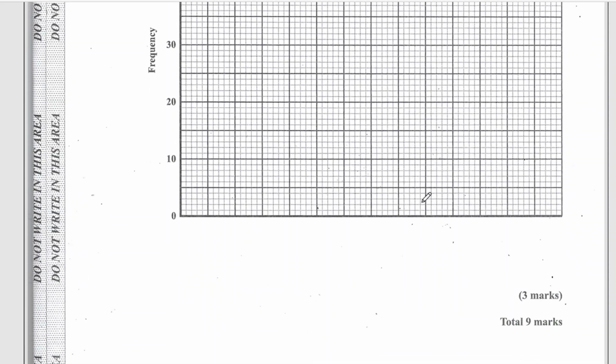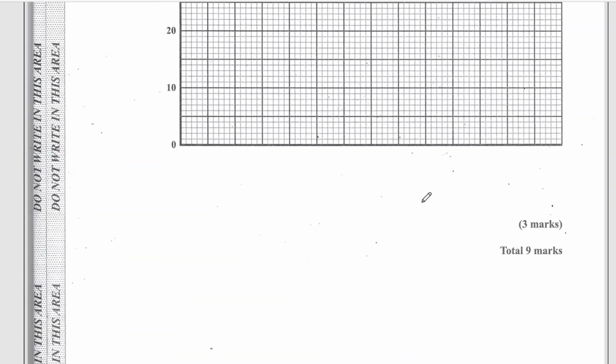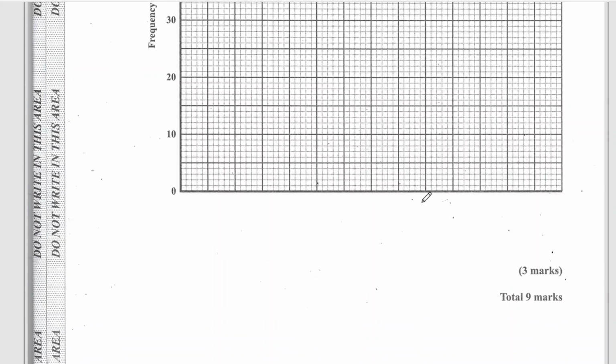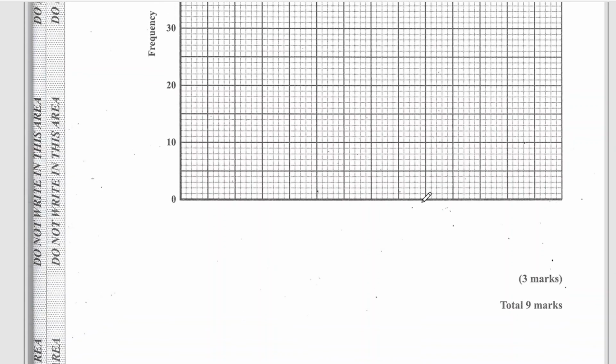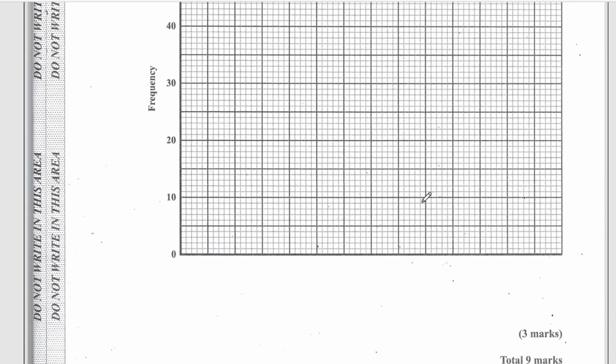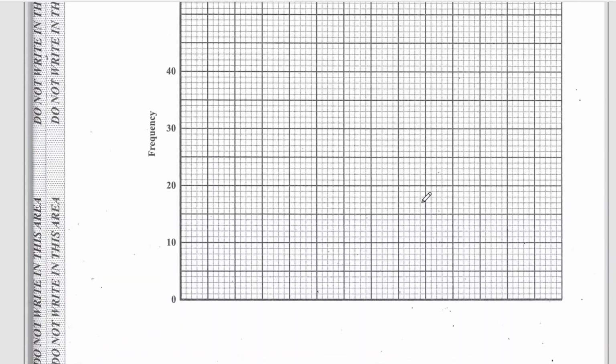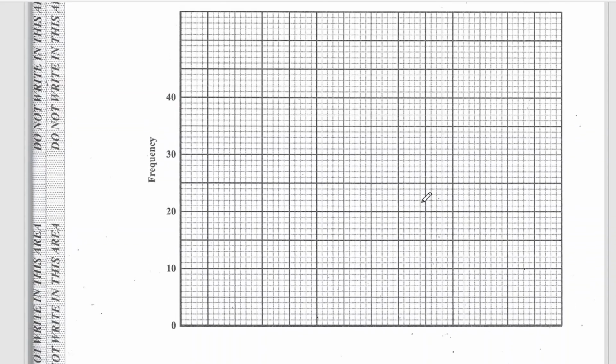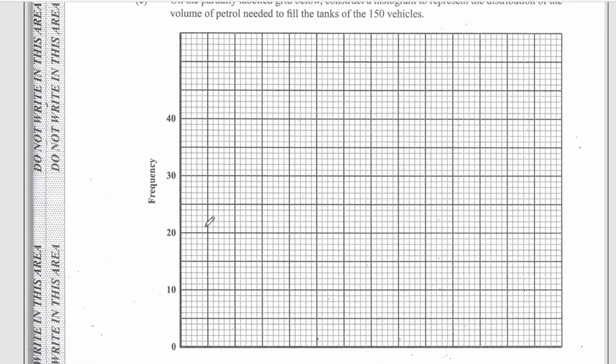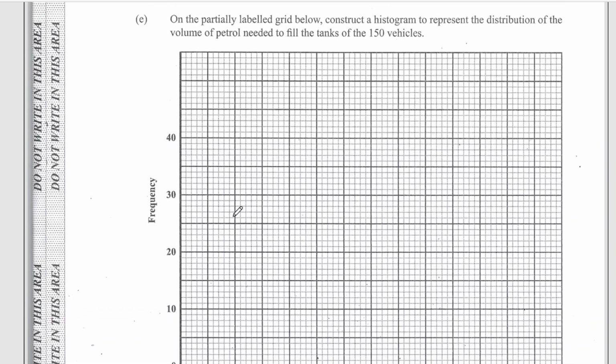A bar chart is when we have the bars separated out with a space in between, right? And a histogram is when we have no spaces. The bars are joined. And the height of the bar is our frequency.